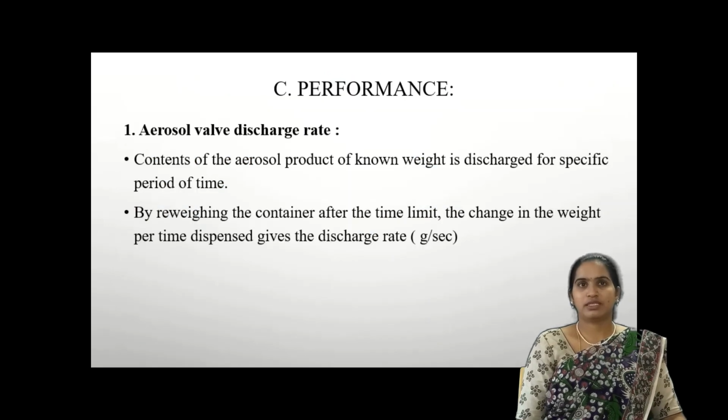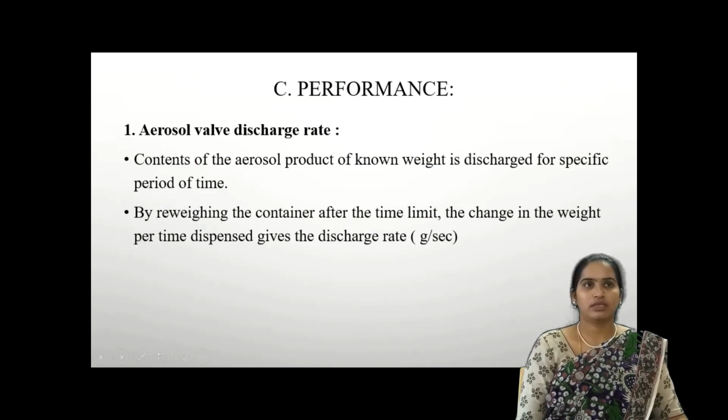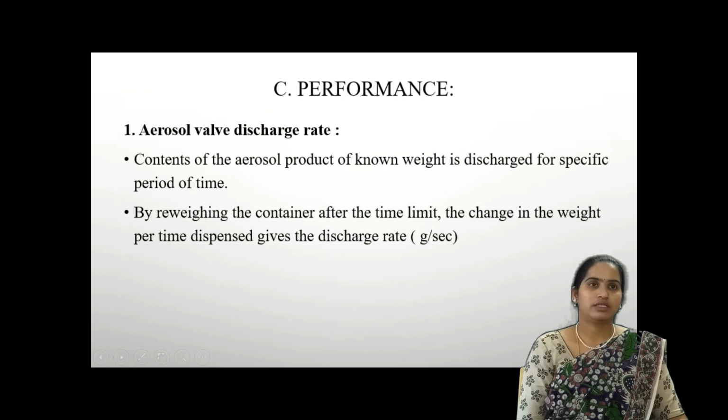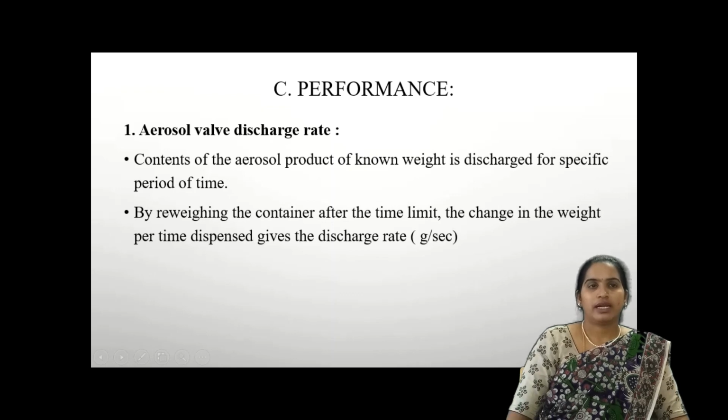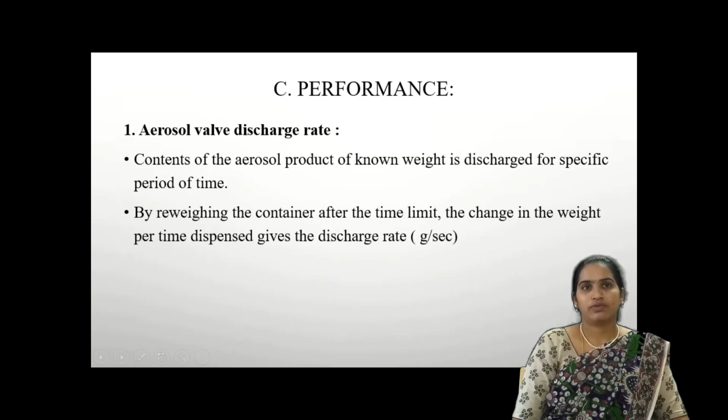Next, performance of aerosols. The various parameters that are determined are, first, aerosol valve discharge rate. The content of an aerosol product of known weight is discharged for a specific period of time. By reweighing the container after the time limit, the change between the initial and final weight of the dispensed product gives the discharge rate.